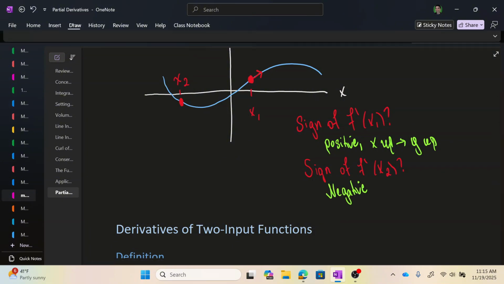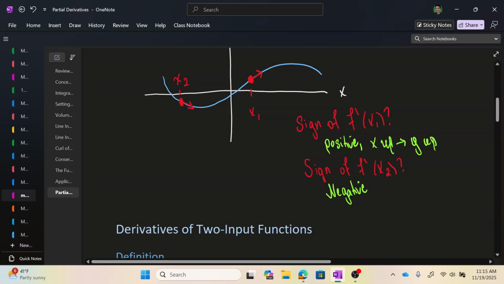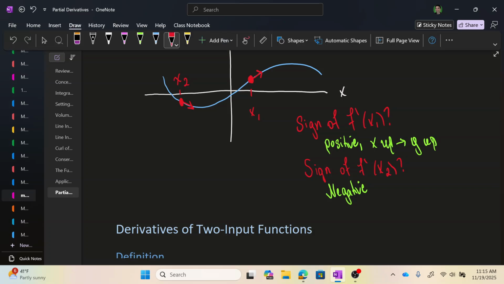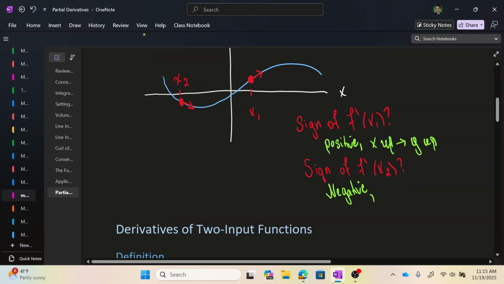And the reason is that as I increase my x value slightly and move along the curve slightly to the right, in the positive direction, I see that increasing x results in the y values going down. So that ratio is negative because an increase in x resulted in a decrease in y.